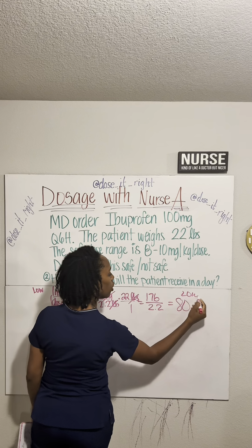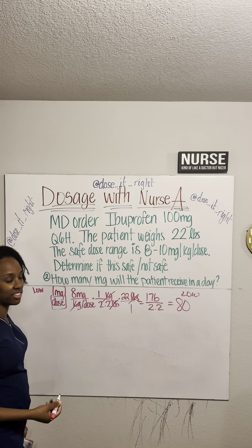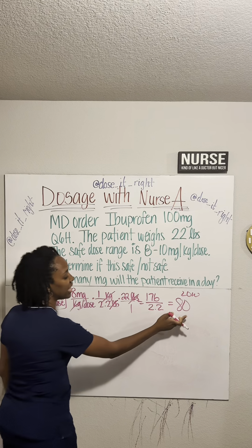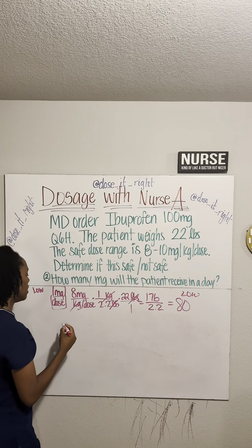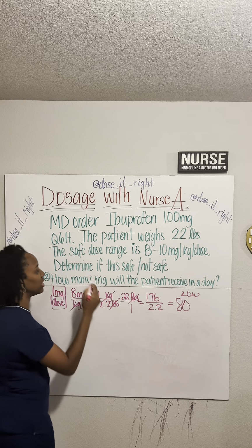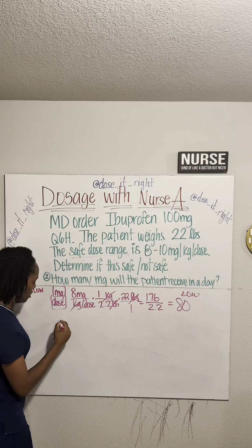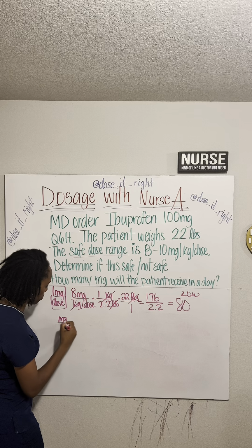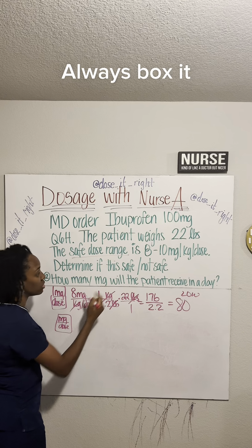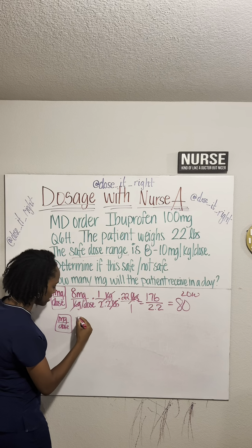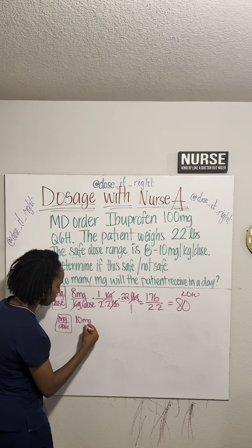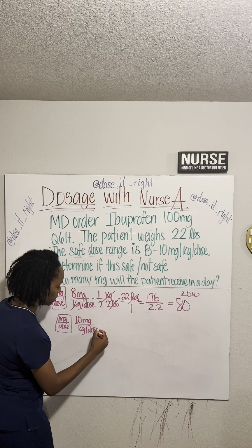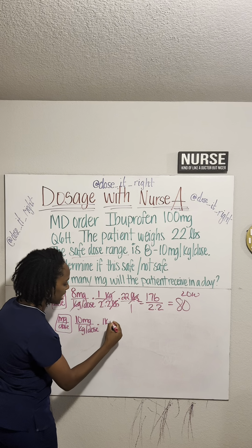So this is the lowest amount based off of that patient's weight, how much they can receive, all right? So let's do the high amount, and this is our safe dose range. So the high amount is milligrams per dose. We're gonna use 10, because that's the bigger number, per kilogram per dose. We're gonna do the same thing that we did.